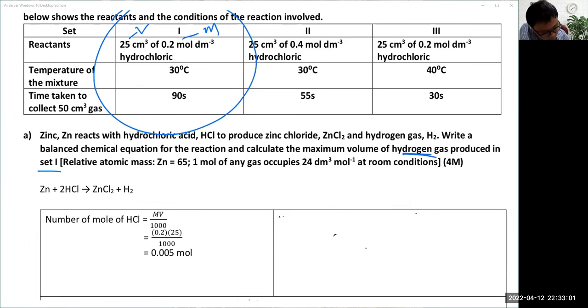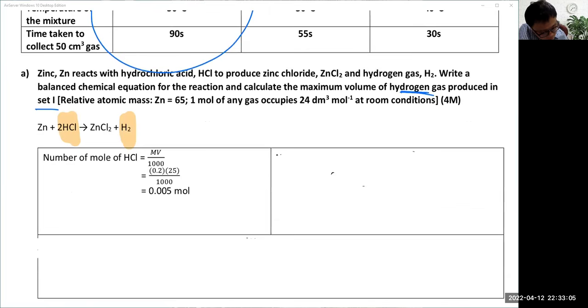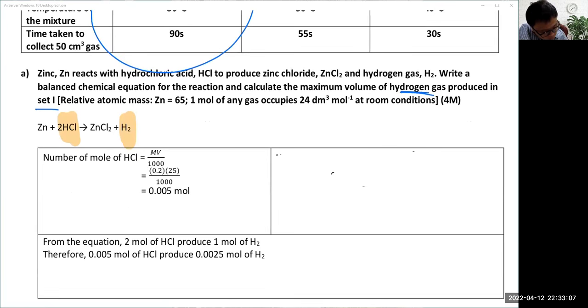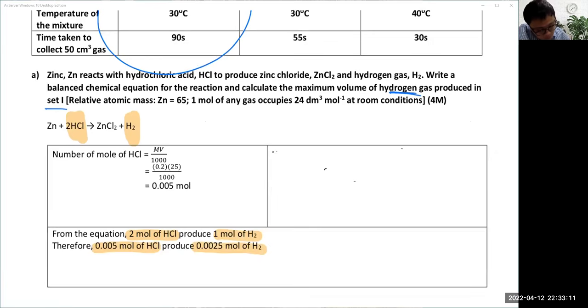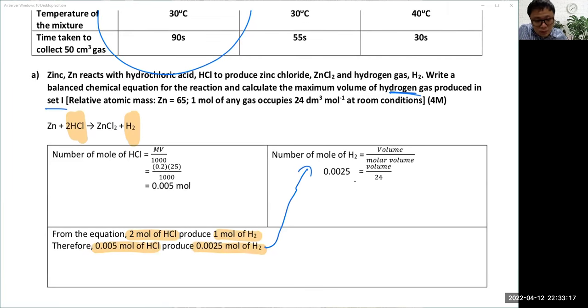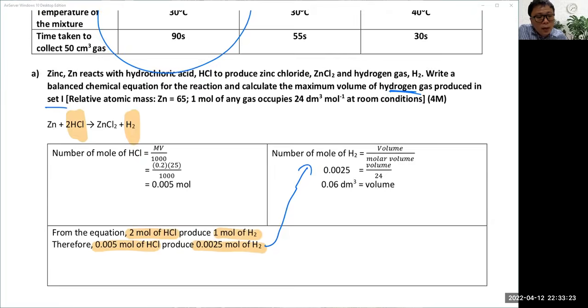Then we look at the ratio again. 2 mole produce 1 mole. So 0.05 will produce 0.025. Then bring this over here to find the volume. So the mole is 0.025. Then after that, the volume, over 24, you'll get 600 again.